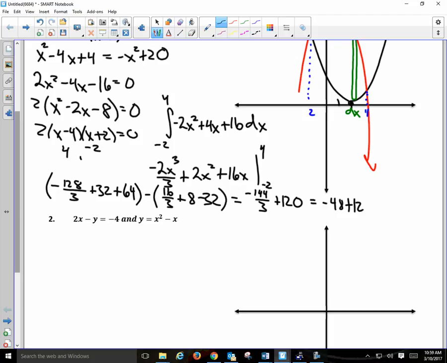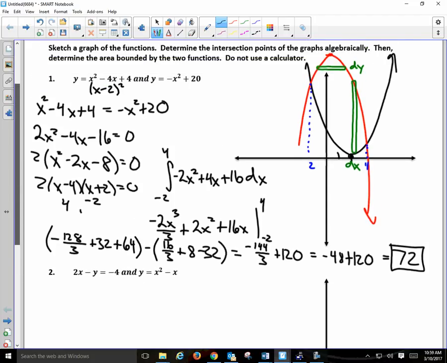If we add 120 to that, we get, so the exact area bounded between these two curves is exactly 72 units, which is kind of cool.